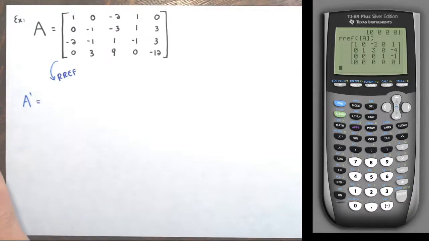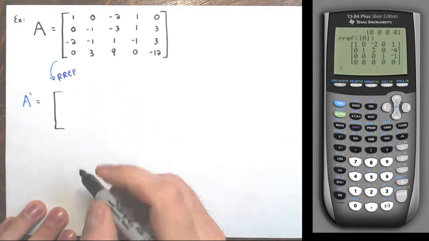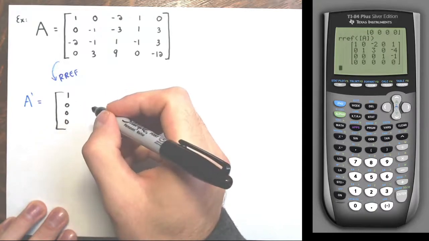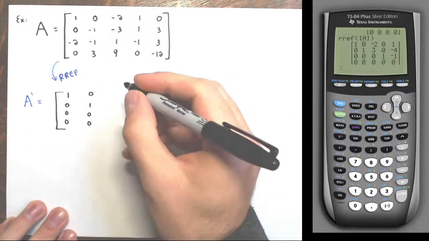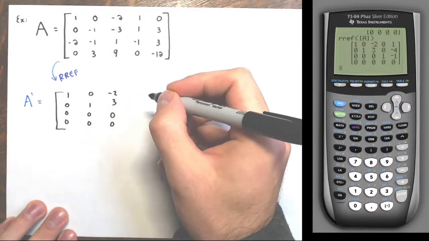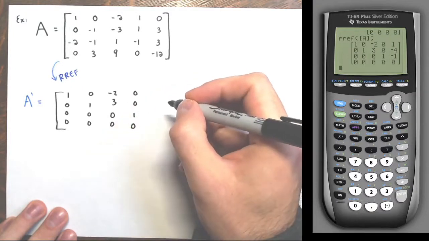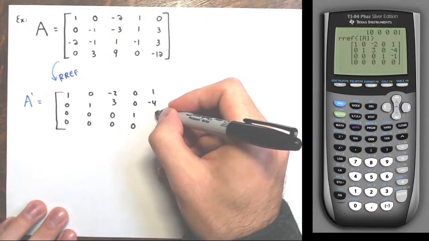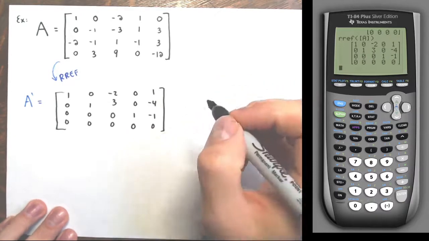So in reduced echelon form we have 1, 0, 0, 0 for the first column, 0, 1, 0, 0 for the second column, -2, 3, 0, 0 for the third column, 0, 0, 1, 0 for the fourth column, and 1, -4, -1, 0 for the fifth column.